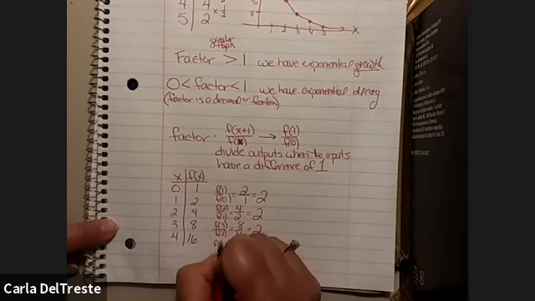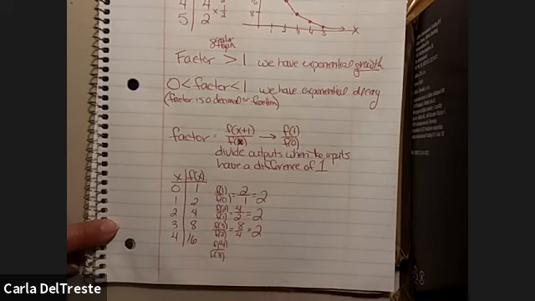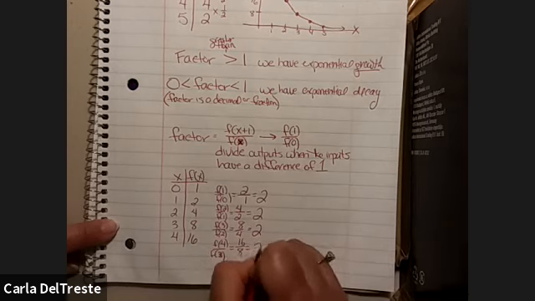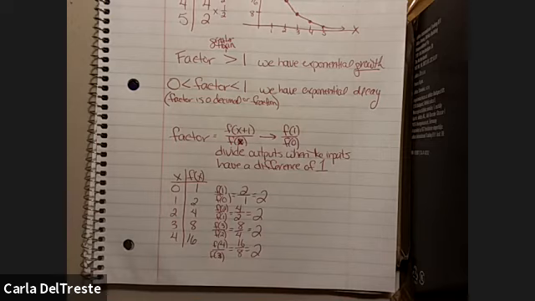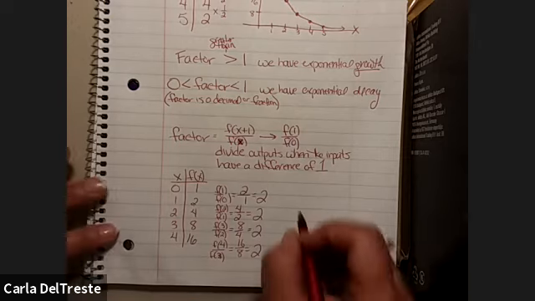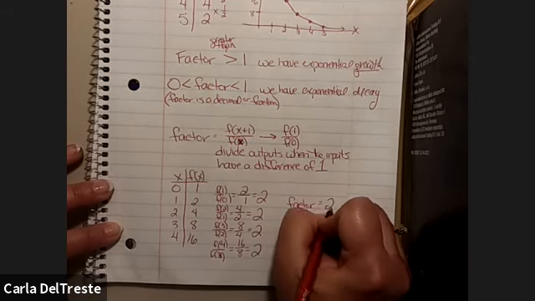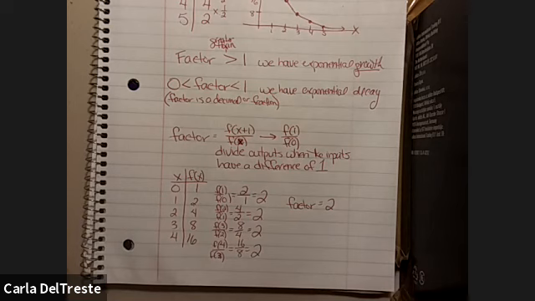And this is looking really good. When I divide all the consecutive outputs, I always get 2. So now I know that 2 is my multiplier, or in other words, my factor. So my factor is 2.